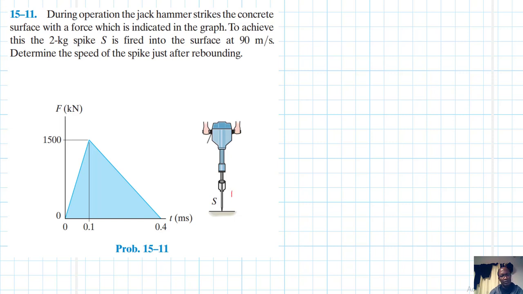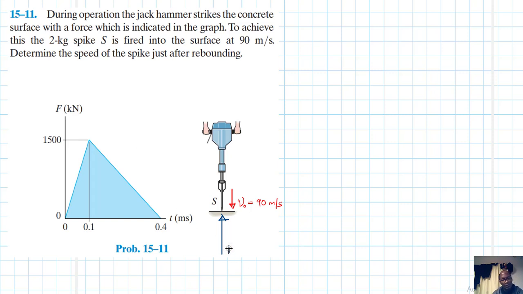So we have this is the direction, and this one is our V initial, which is equal to 90 meters per second. And then as the spike interacts with the concrete, we have this particular force.